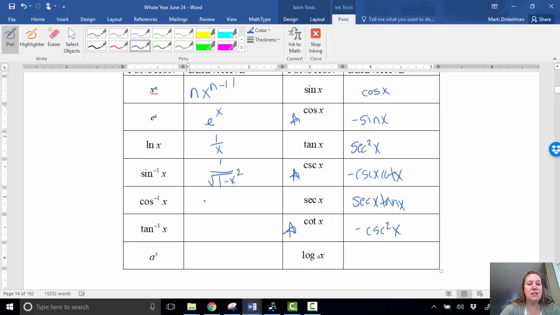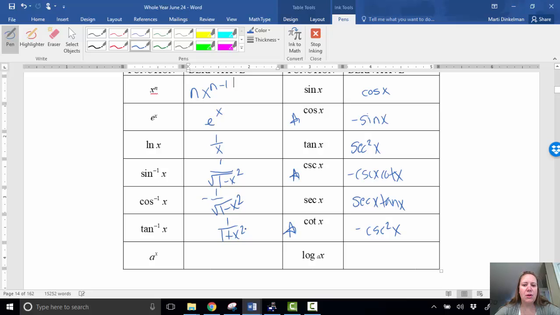And then cosine inverse is just the negative version of that. So a lot of times you'll just see negative 1 over the square root of 1 minus x squared. Sorry, my writing is struggling because that thing is shifting. And this is the one we're going to see a lot more often, 1 over 1 plus x squared.